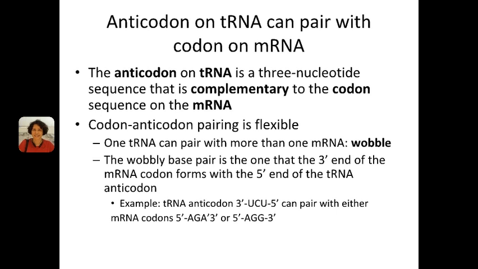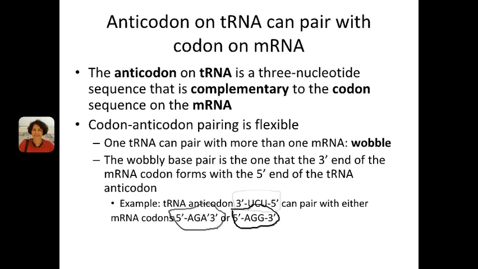Here is an example of that. You've got the tRNA, and it has the anticodon from 3' to 5' UCU. It is able to pair with AGA on an mRNA codon or with AGG on an mRNA codon.